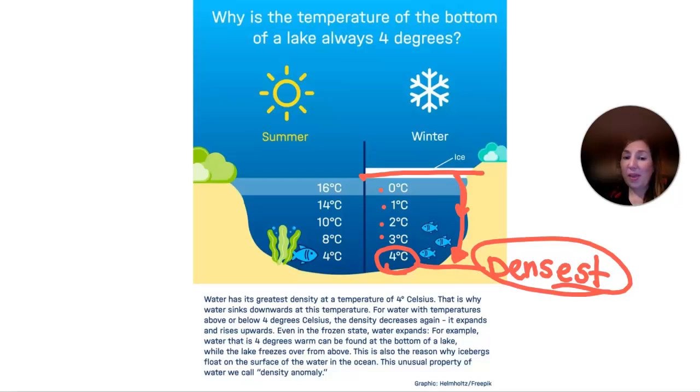And so without that interesting property where water is densest at 4 degrees and actually less dense in its solid form so it can float, due to hydrogen bonding, life as we know it would be really, really different without hydrogen bonding and without water's ability to do this expansion upon freezing. And so it's this being densest at 4 degrees that leads to nutrient cycling in the spring too. Nutrient cycling throughout the year in the lake is due to these temperature factors.